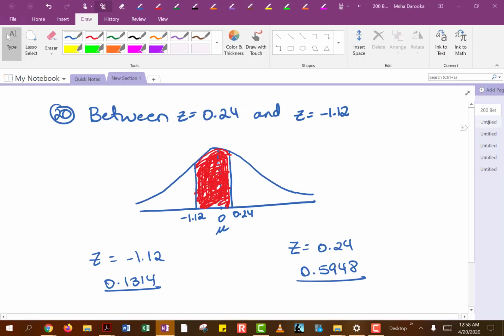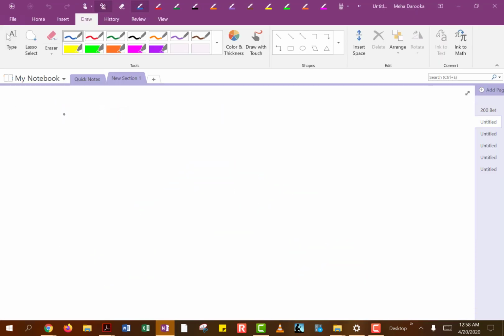So let's go ahead and take a look at this. This is going to be the area to the left of z equals negative 2.15 and to the right of the z-score of 1.62.